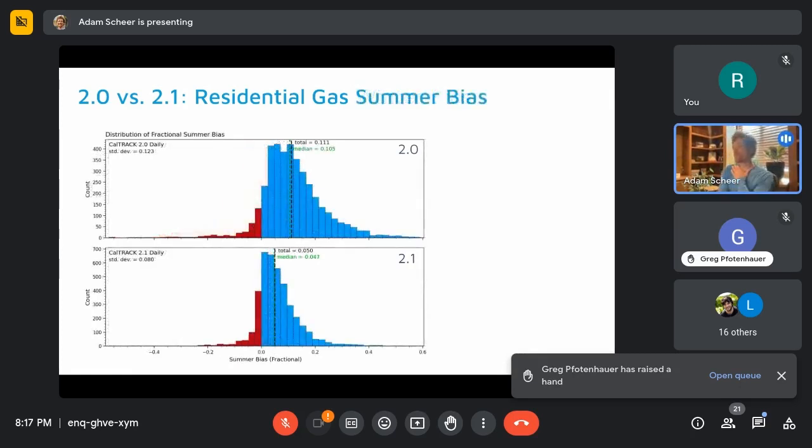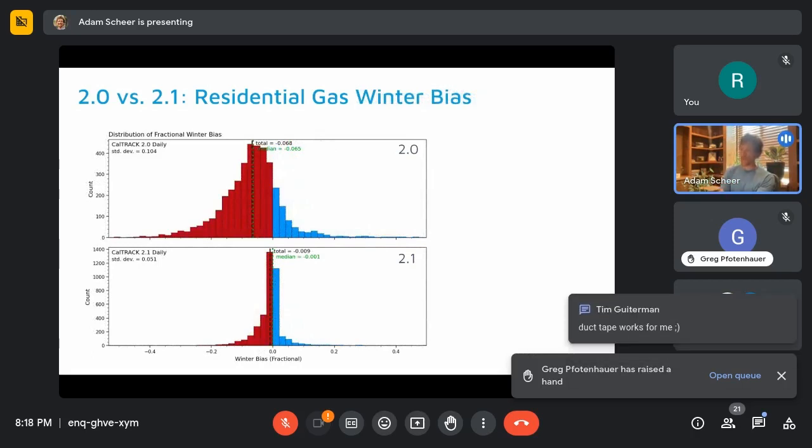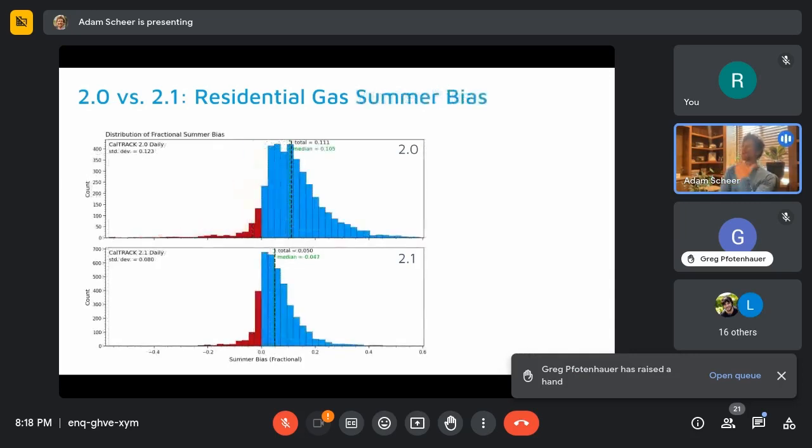Moving on to summertime bias. Again, top plot 2.0, bottom plot 2.1. Here we see that there is, in both cases, substantial negative bias in the wintertime model for CalTrack 2.0, and we see, again, some negative bias in 2.1, but obviously most of the bias has been remedied. In the summertime, the situation is reversed.